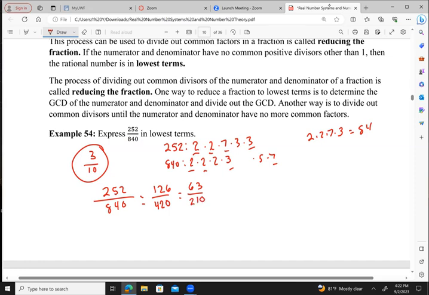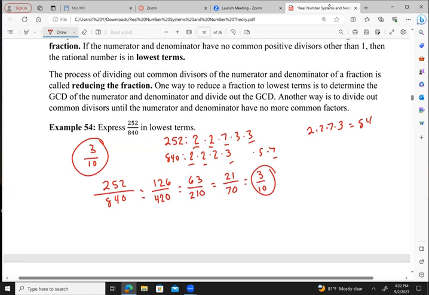Okay, now I can see they're both divisible by 3. 21, 70. Okay, now I can see they're both divisible by 7. 3/10. Same answer. Either method is acceptable, and as you see, we got the same answer.